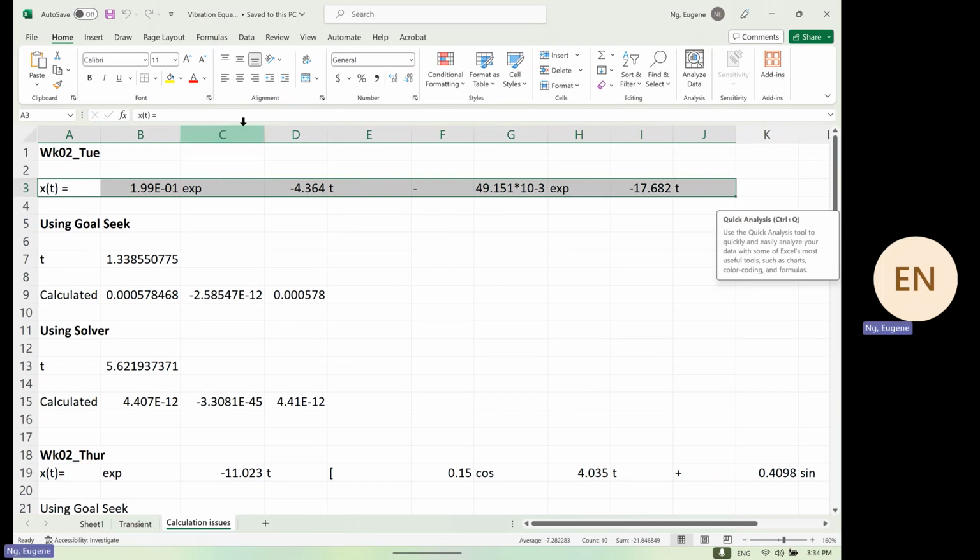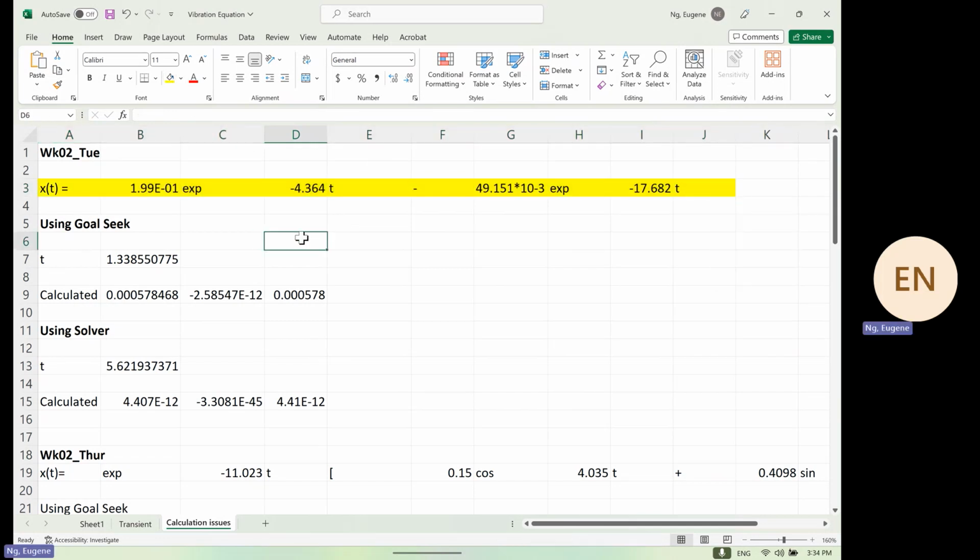I taught you guys how to use Goal Seek, yes or no? So I'm going to change this value to 0.5 first. Okay, so I'm going to use Goal Seek. This number over here that you see is X as a function of time.